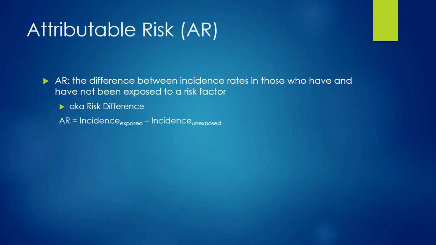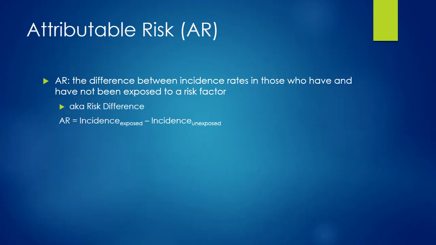So relative risk and odds ratio are both risk ratios, both relative measures of risk. We're comparing the association for the exposed group to the unexposed group. It's relative to the disease level in the unexposed population. The attributable risk is an absolute measure of risk.